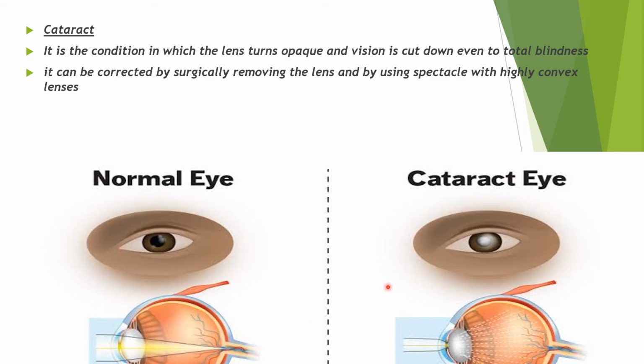But when a person suffers from cataract, the eye lens becomes completely opaque. As a result, the light rays would not be passing through the lens, and it would lead to complete blindness. So it can be corrected surgically by removing the lens and implanting another lens.